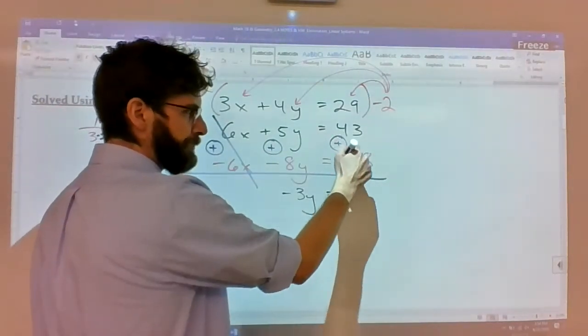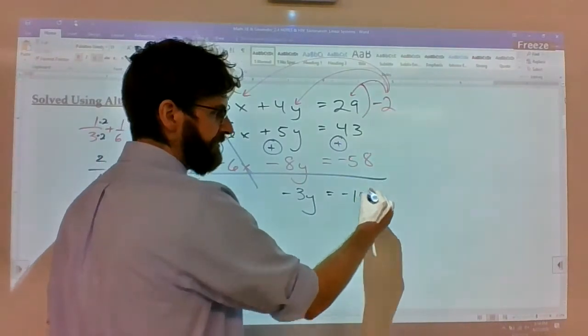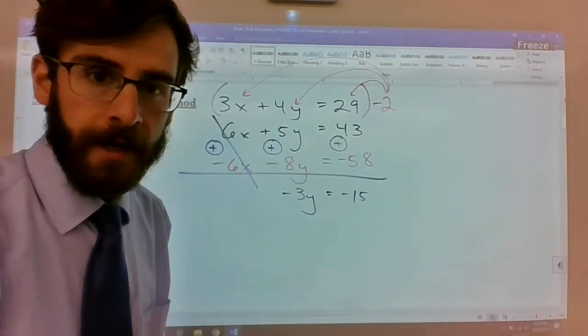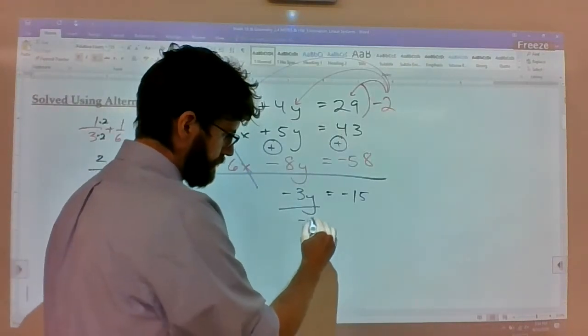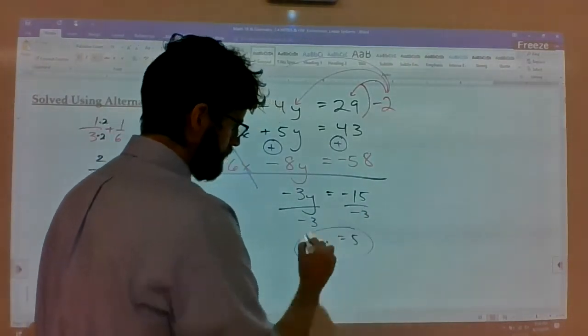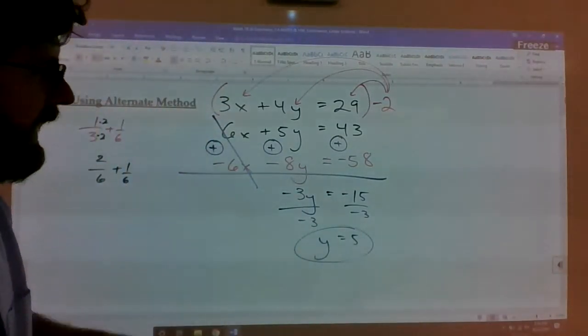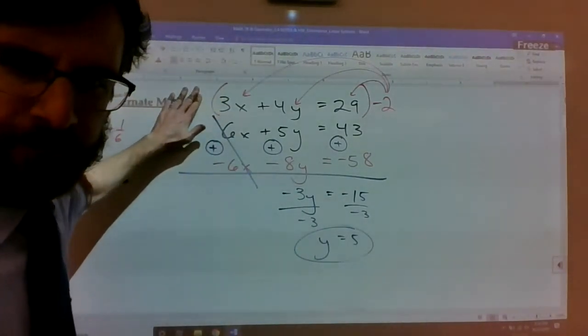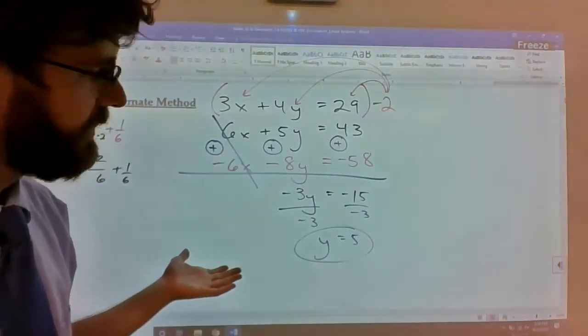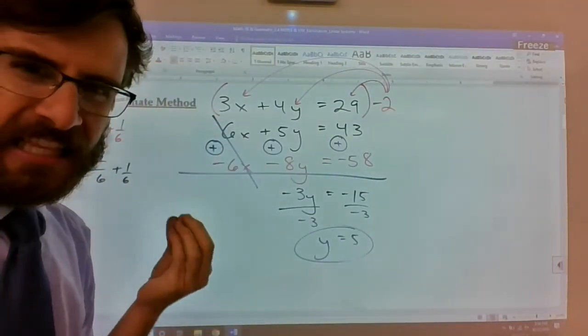And then 43 plus negative 58 is negative 15. We've got y. And maybe this first step was a little bit confusing, but as you can see, I'm not dealing with any fractions, and it just seems like a cleaner approach.